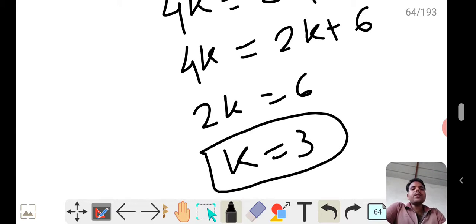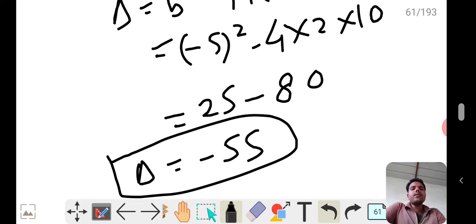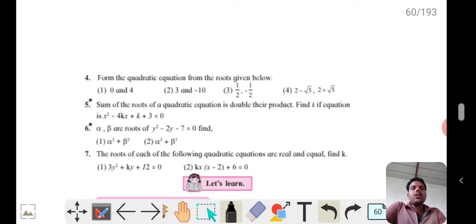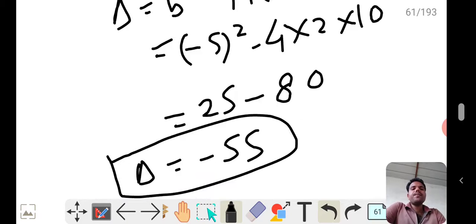So let's see the next example. The next example is: alpha, beta are roots of y square minus 2y minus 7 is equal to 0. Find the value of alpha square plus beta square and alpha cube plus beta cube.